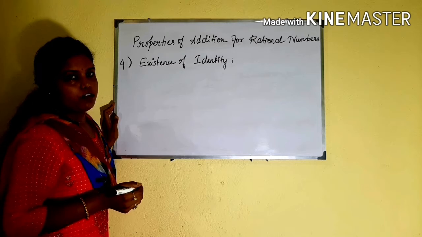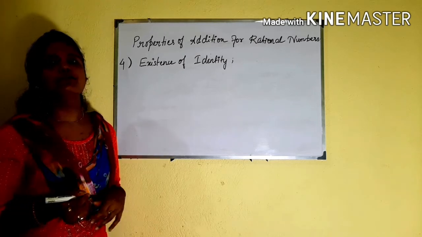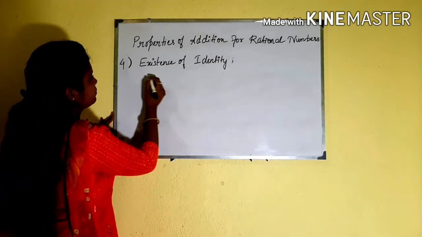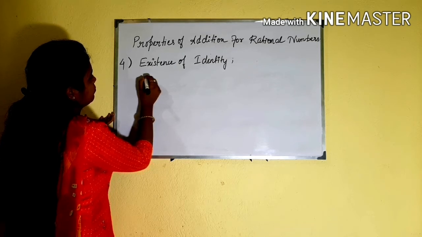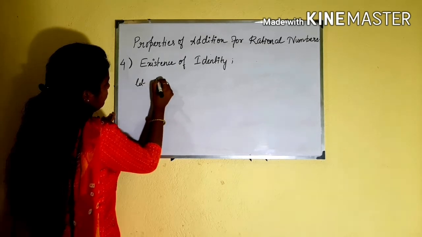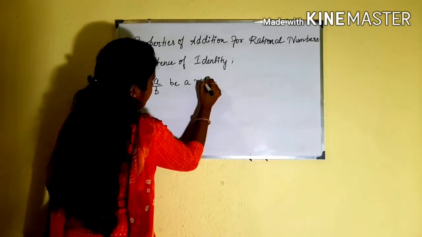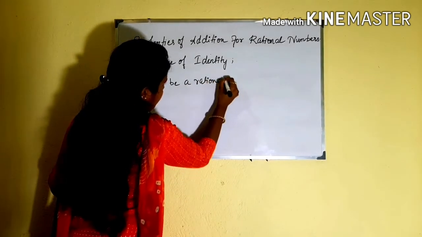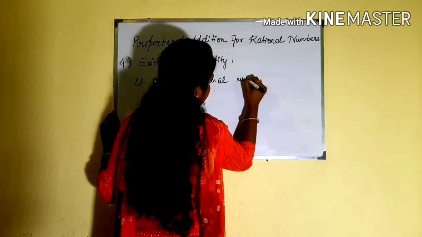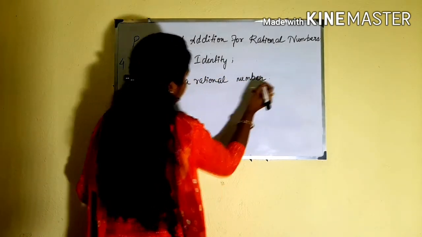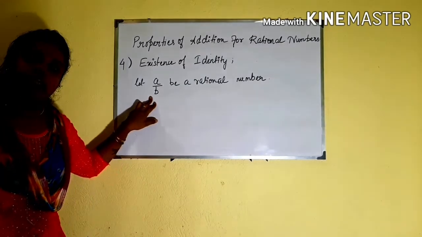Next property of addition, existence of identity. Now, let a by b be a rational number.